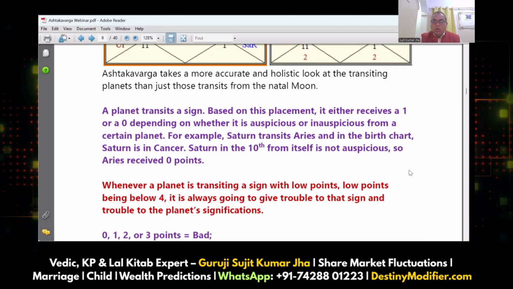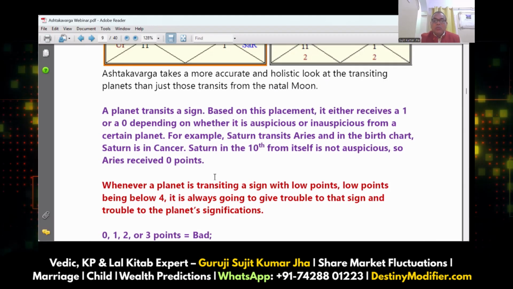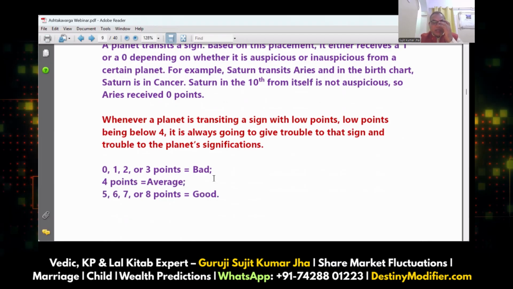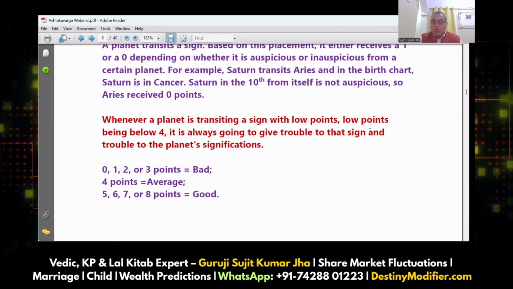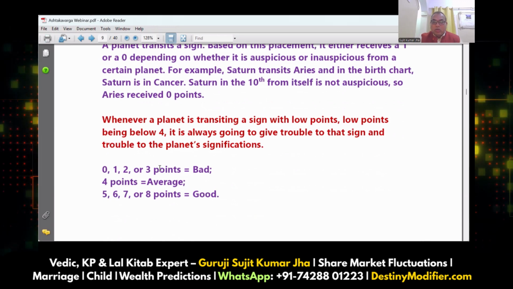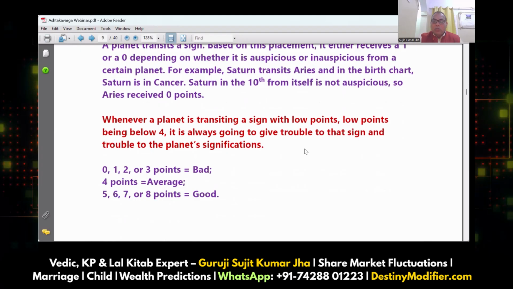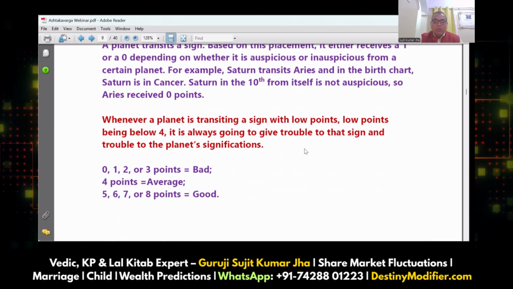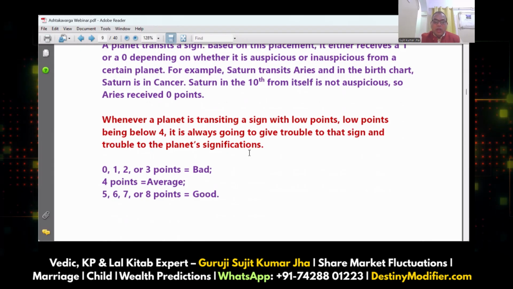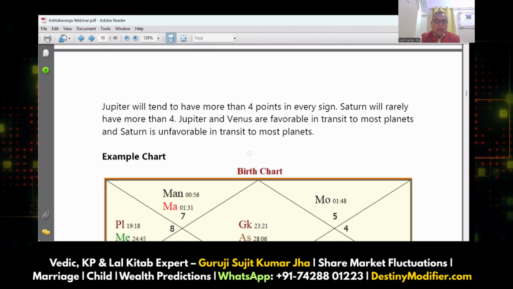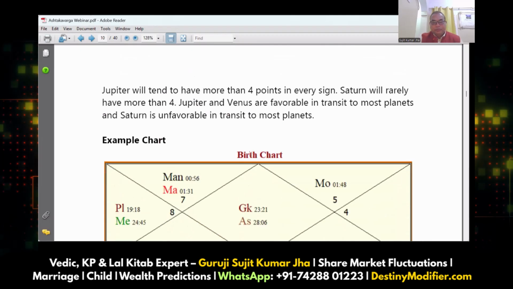It is not auspicious, so it will give 0 points. So whenever a planet is transiting a sign with low points, less than 4, it means it will give trouble to the native. If five or more points, it means it will give a good result. This is the basic concept for analyzing the chart.